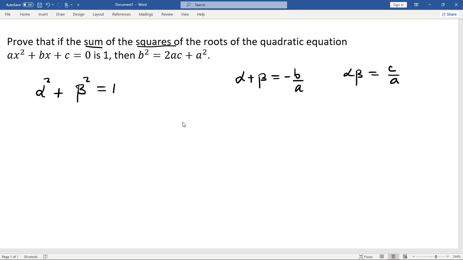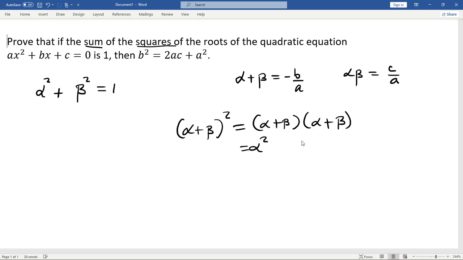We know that if you square alpha plus beta, if we expand this, we're going to have alpha plus beta and also alpha plus beta. Then alpha times alpha, we get alpha squared. Alpha times beta, we get alpha beta. Beta times alpha, we get alpha beta.